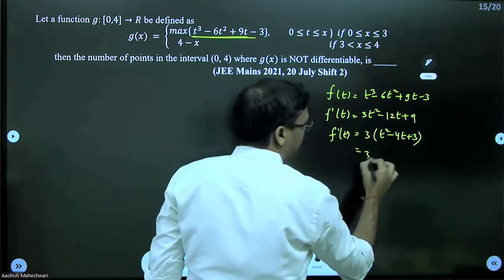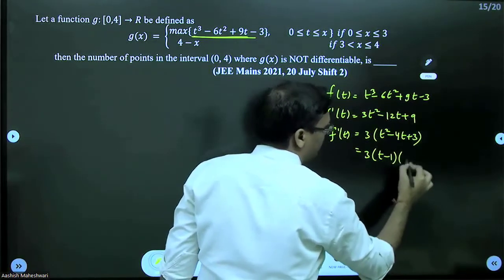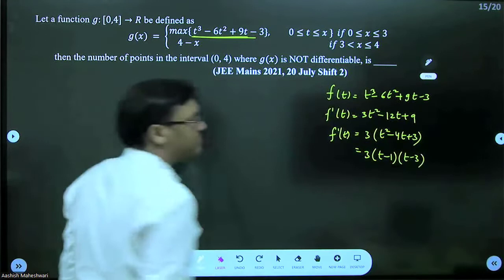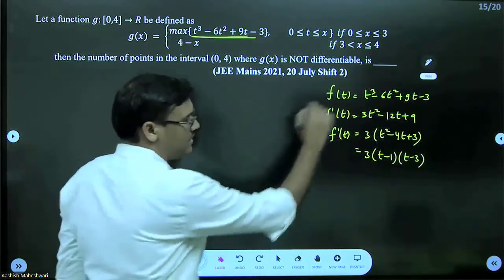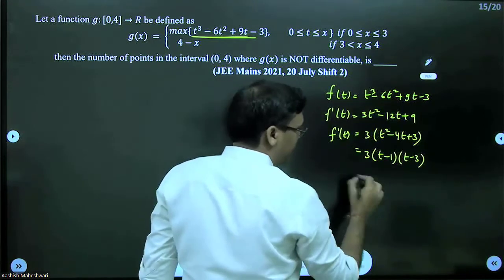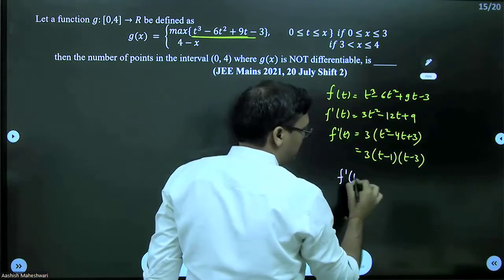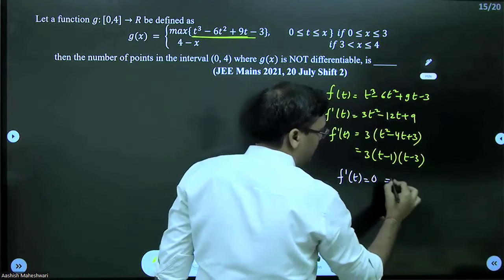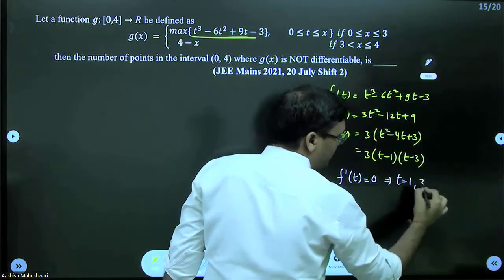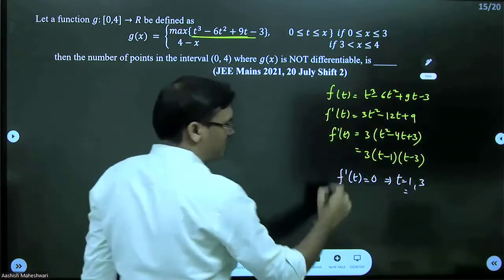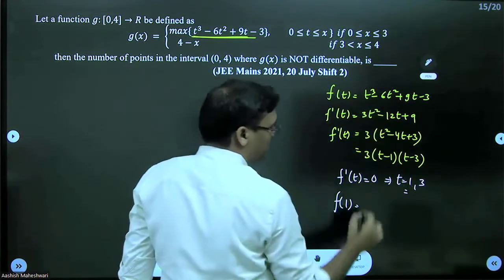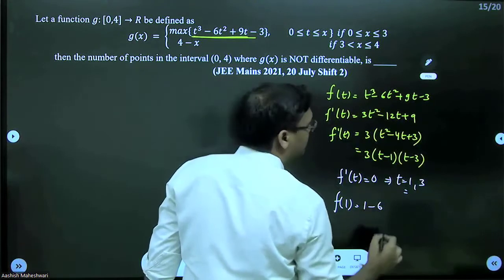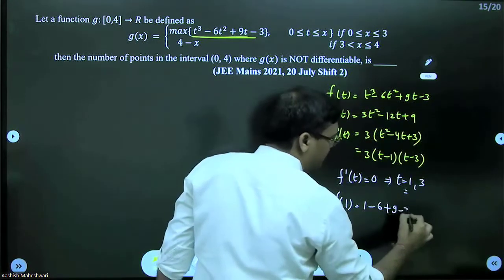So you can say this is 3 times (t minus 1) into (t minus 3). So for the graph of this function f, the derivative f'(t) is 0 at t equal to 1 and 3. Let's check the values so that it is easy to plot. What is f(1)? If I put t equal to 1 here, this is 1 minus 6 plus 9 minus 3.